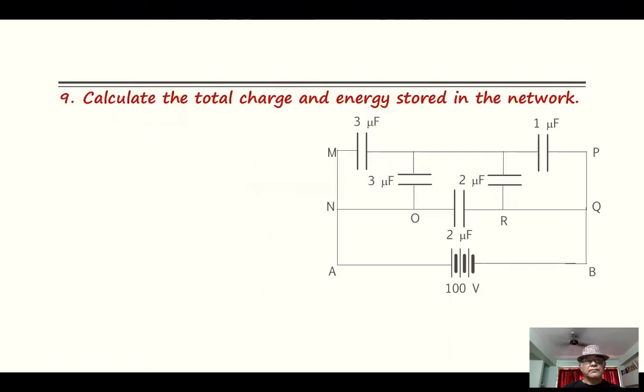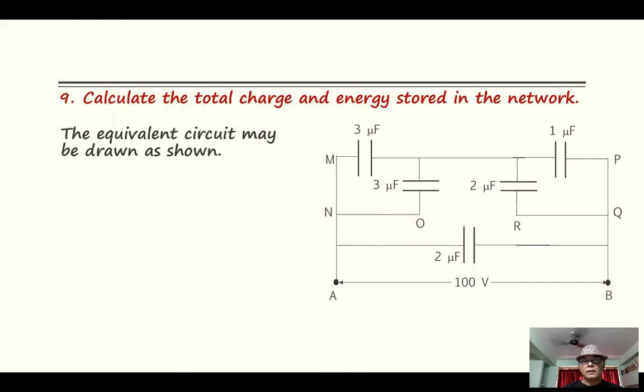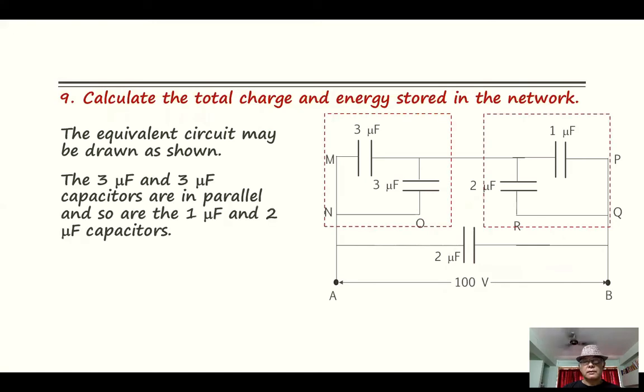Problem 9. Calculate the total charge and energy stored in the network. The equivalent circuit may be drawn as shown. The 3 microfarad and 3 microfarad capacitors are in parallel, and so are the 1 microfarad and 2 microfarad capacitors.